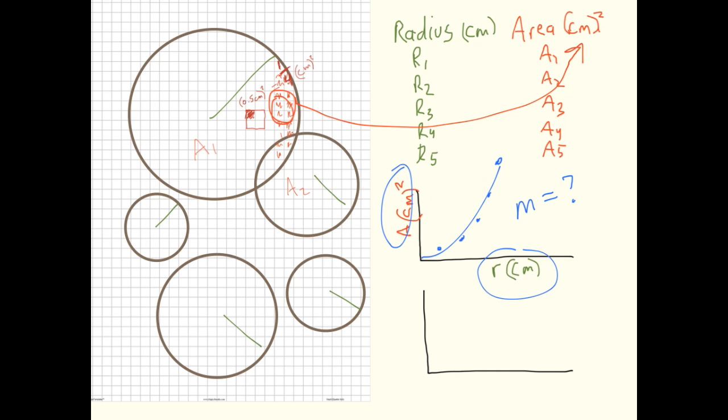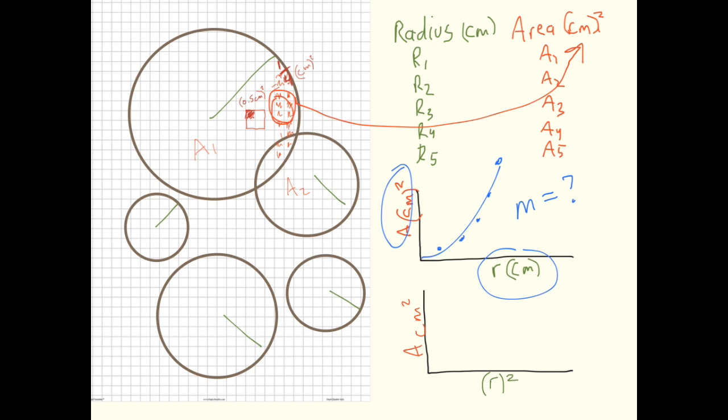So I'm going to suggest us doing something that's called linearization. I'm going to ask us to put the r, that is the radius column, squared. So our r values, I'm going to ask us to square that and put that on the x-axis and compare that to our centimeters squared on the y-axis.